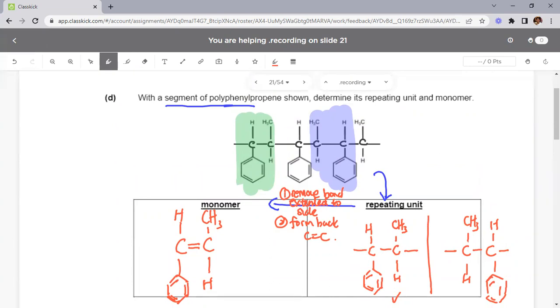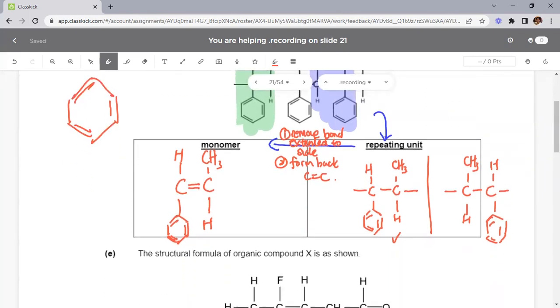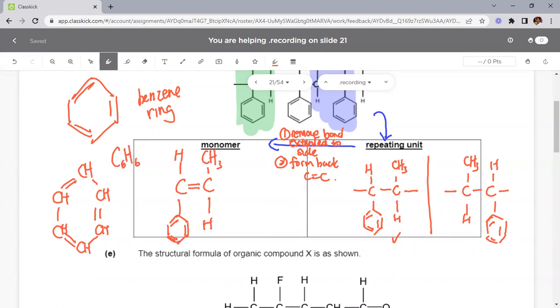Now, I just want to say what exactly is this weird looking stuff. Because I told your other classmates, so good for you to know. This thing here is actually called your benzene ring. What exactly it is: you've got 6 carbons bonded in a hexagonal manner. The double bonds are over here, over here, over here. This is H, H, H, H, H, H. So it's actually C6H6. It's quite a cool molecule.